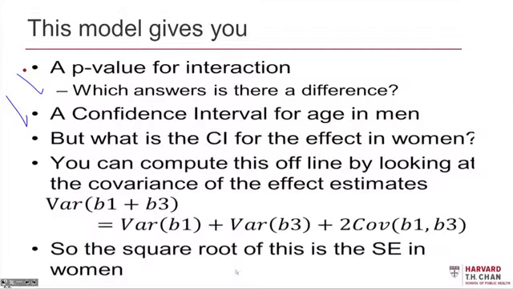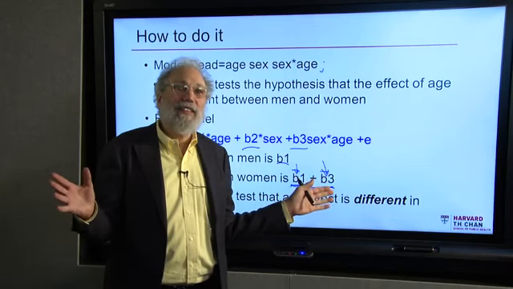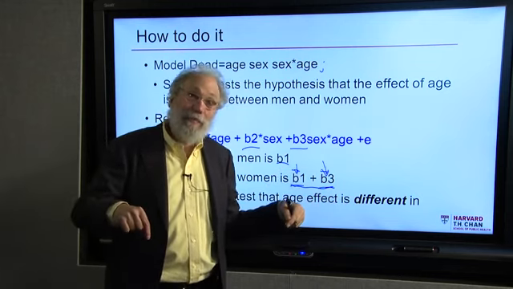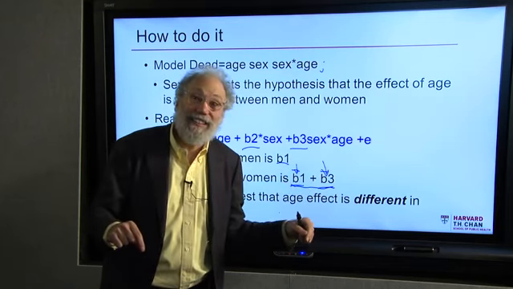Well, the effect in women is B1 plus B3. I have a standard error for B1, and I have a standard error for B3. But now, these two coefficients are estimated in the same model, in the same population, so they do have a covariance.